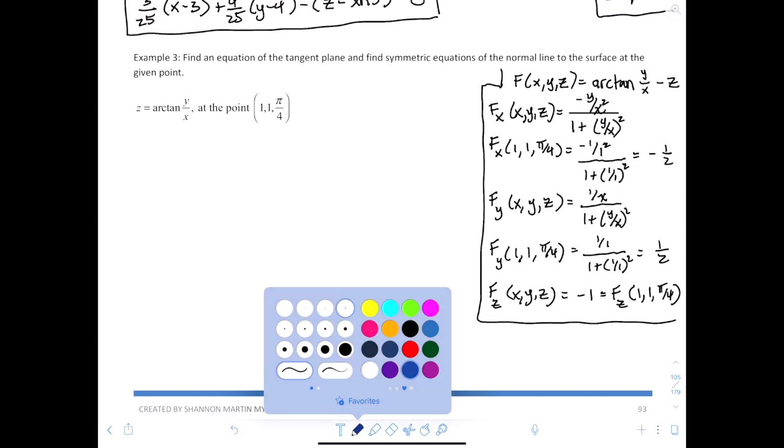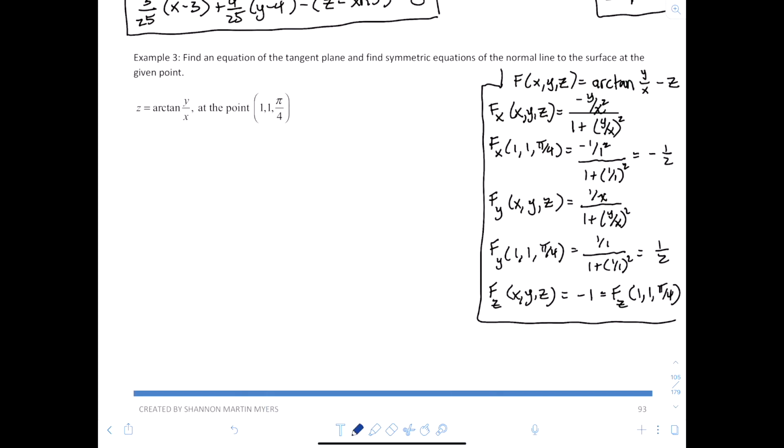So we will have negative 1/2, because that's our fx at (1, 1, pi over 4), times x minus 1 plus positive 1/2 times y minus 1, and then minus z minus pi over 4 equals 0.